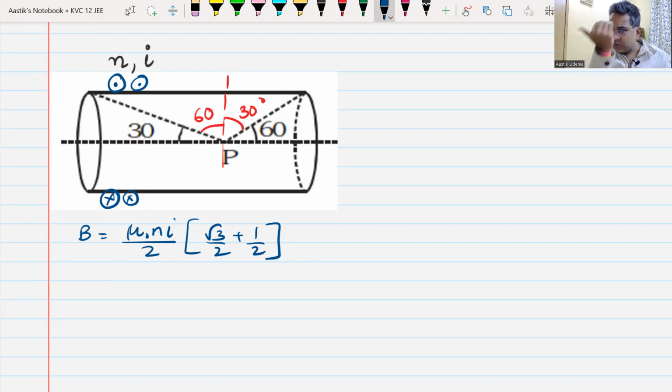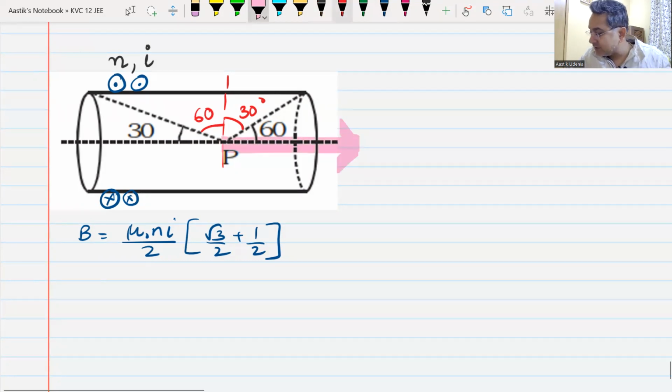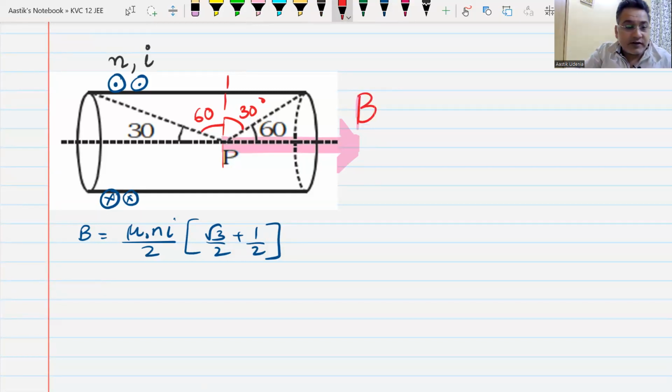Current is coming out from here. Going down. So current is going like this. So what is the direction of magnetic field? Towards right, my dear friends. Do we understand this? Or has it gone above our head?